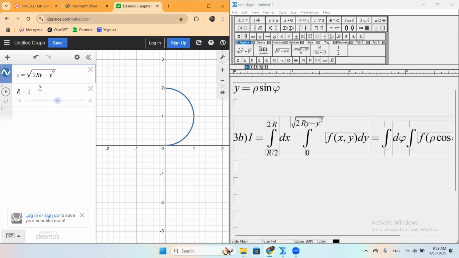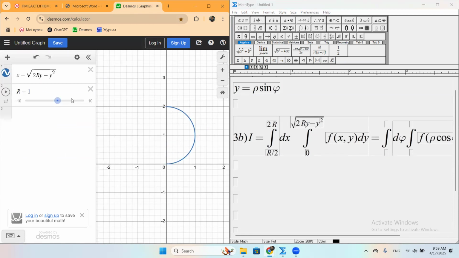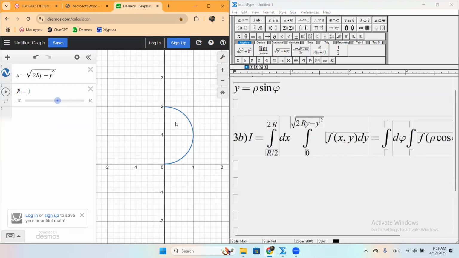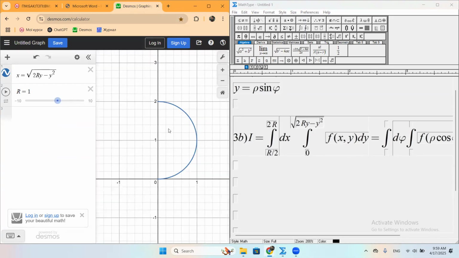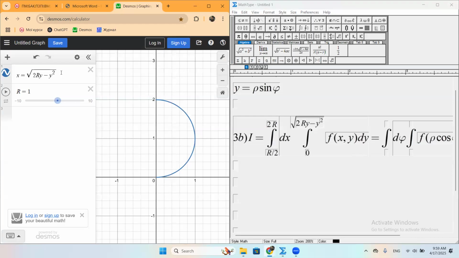And let's add a slider for r. So we start seeing the region. And also we know that y changes from r over 2 to r. So a different order of integration.